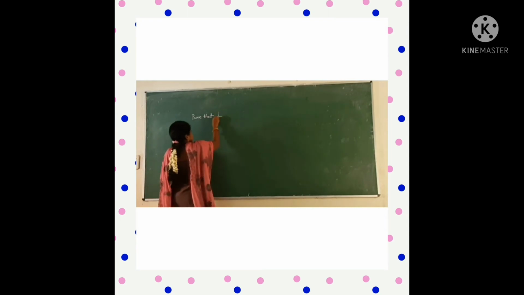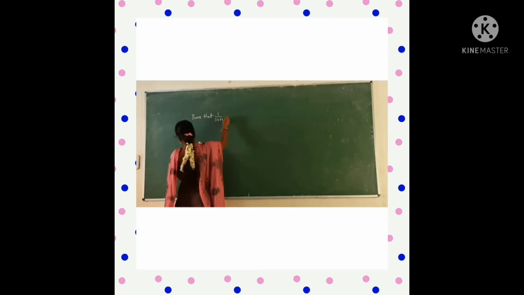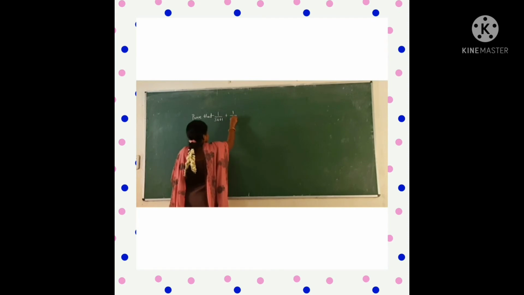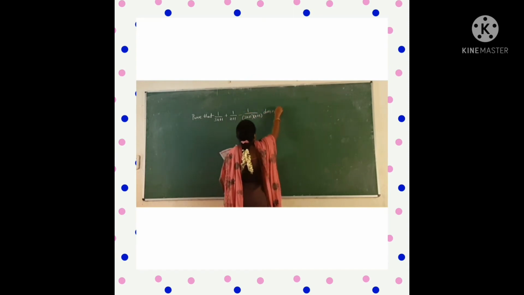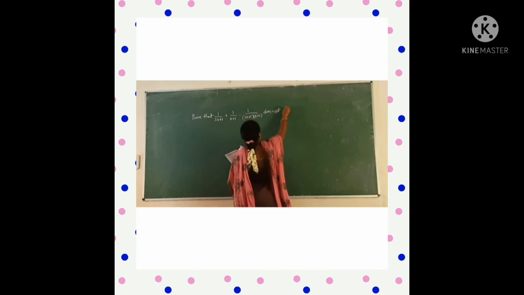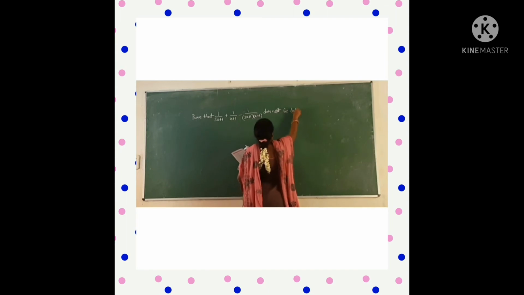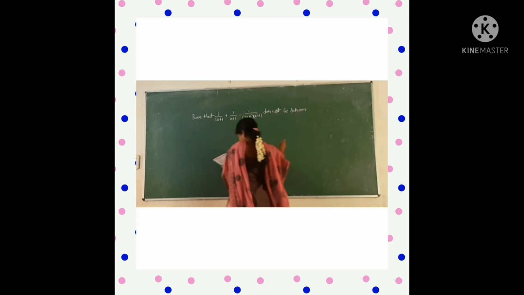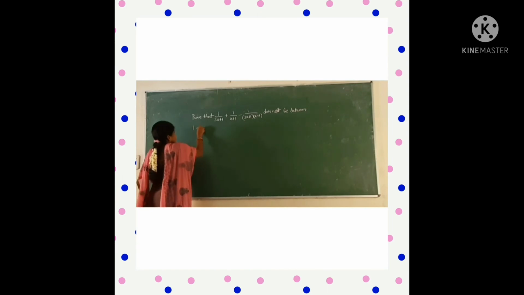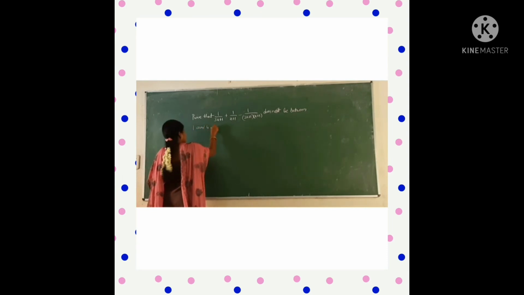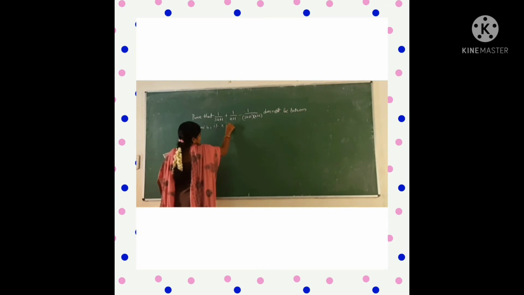Prove that 1 by 3x plus 1 plus 1 by x plus 1 minus 1 by (3x plus 1) into (x plus 1) does not lie between 1 and 4 if x is real.